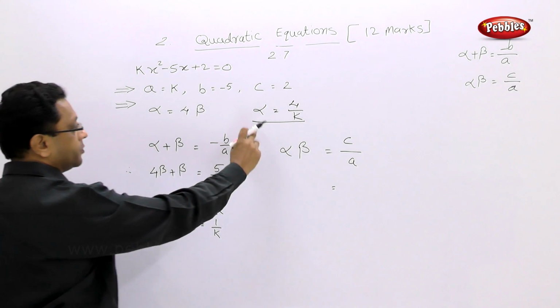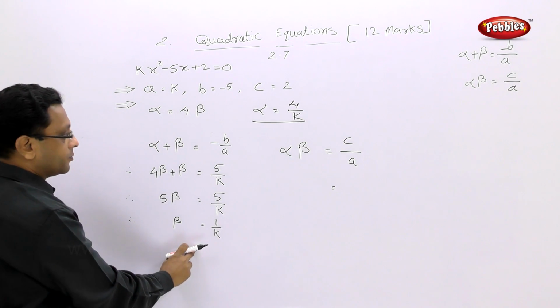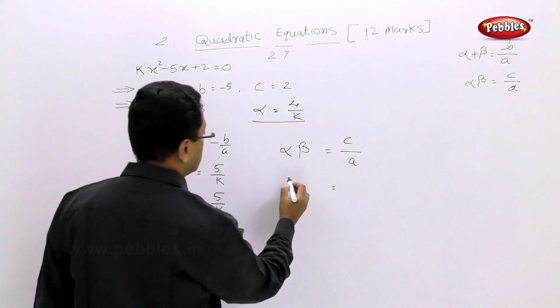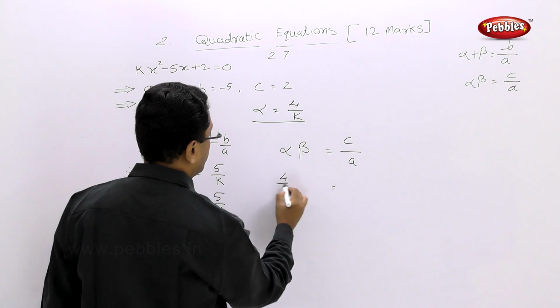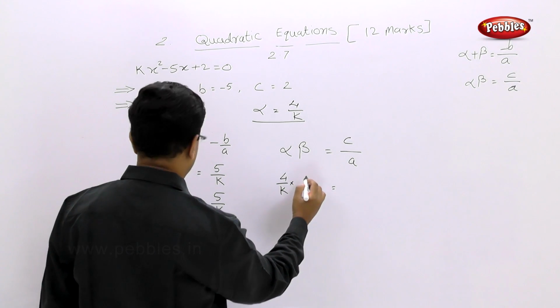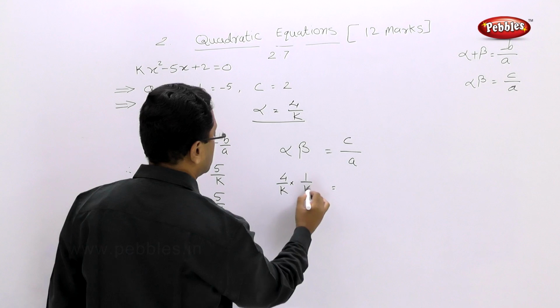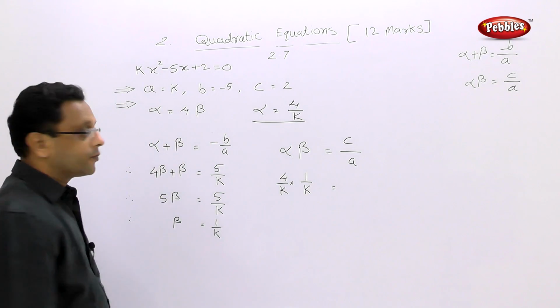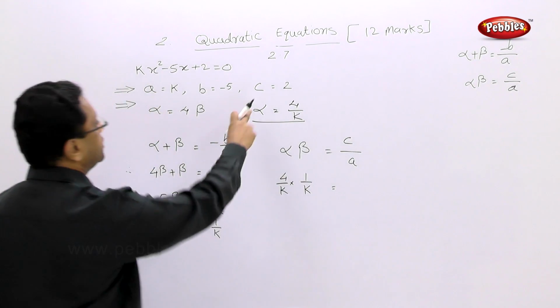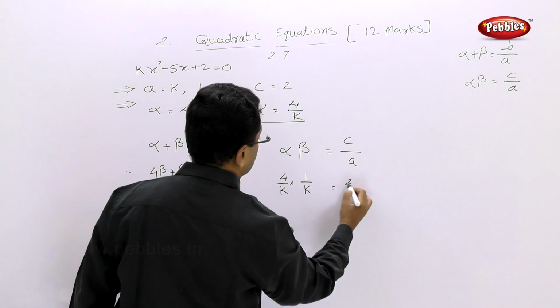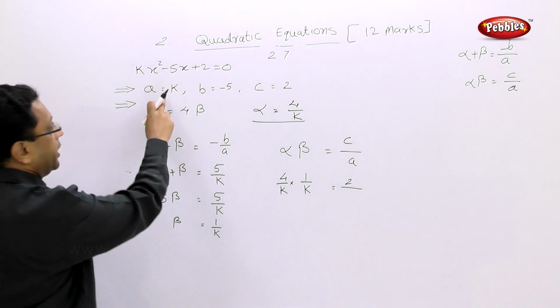So this is alpha, this is beta. So we have 4 upon k into 1 upon k equal to c upon a. C is 2 and a is k.